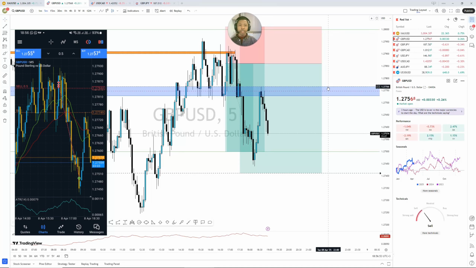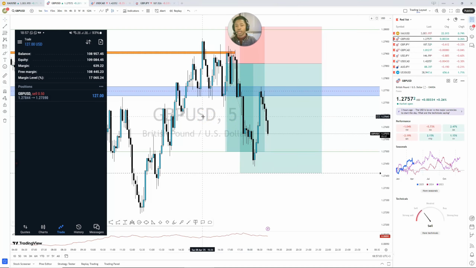And I told you the psychology of putting a break even after the pullback, after the lower low or after the higher low. So this is what we are looking at. We are up 9% because these trades got in profit at 1:2.